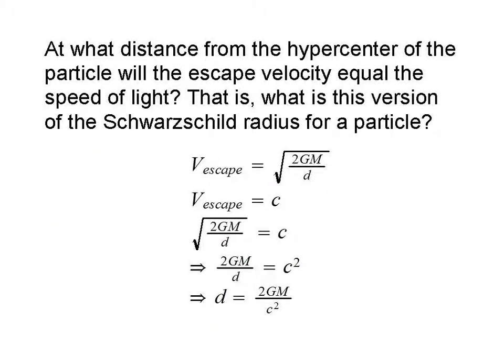So let's start here. We know the escape velocity equation is the square root of 2 times G times the mass divided by the distance. We want the escape velocity to equal c. So we set those two equal, square each side, rearrange, and we find the distance would equal 2 times G times m divided by c squared.